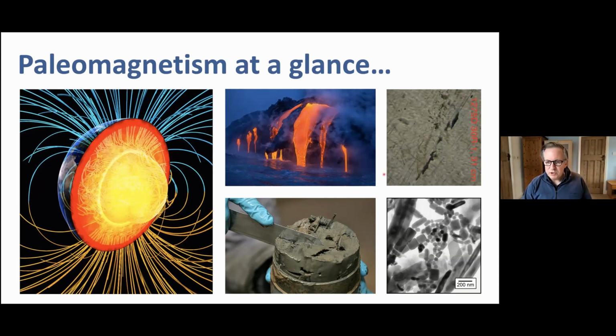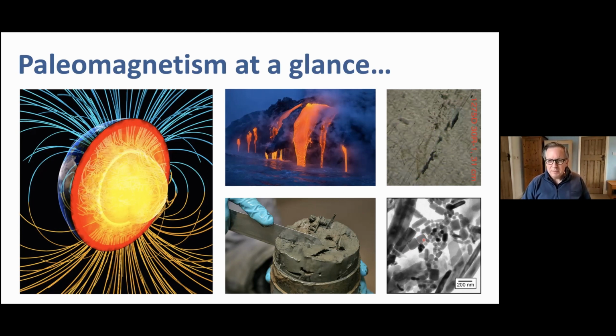Whereas sedimentary rocks, as illustrated here in this core being sampled, acquire their magnetization as grains are deposited in that field, or sometime after deposition, for instance through the activity of magnetotactic bacteria that create magnetite in their bodies as little magnetite grains that help them navigate around in the sediment.